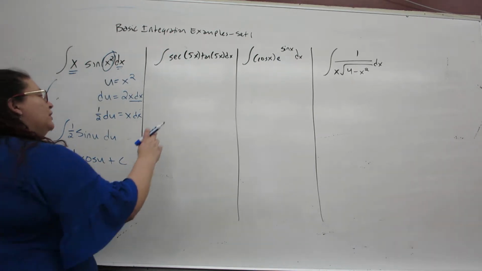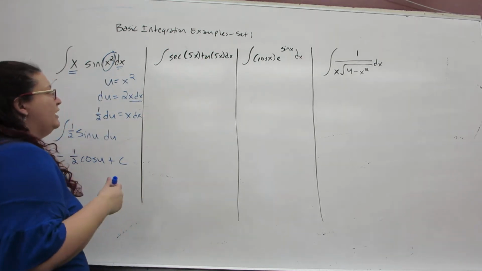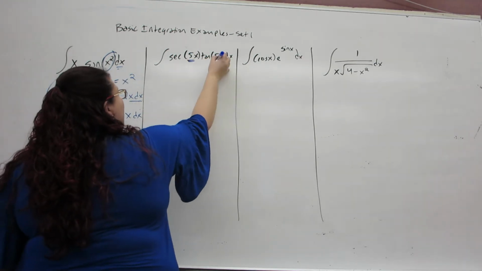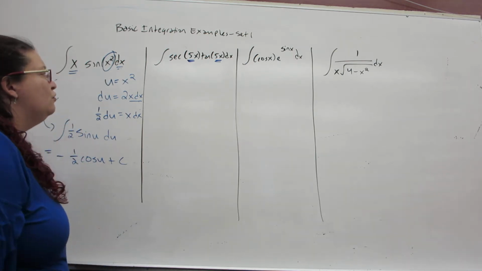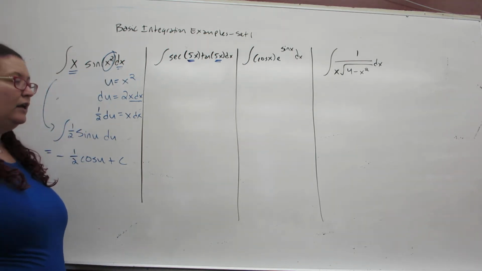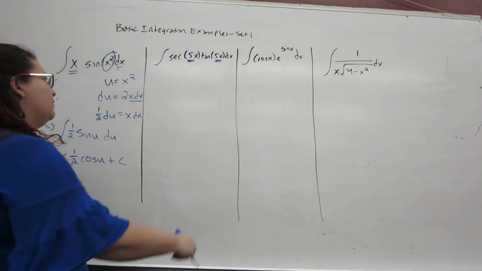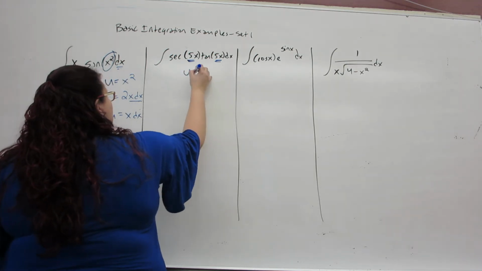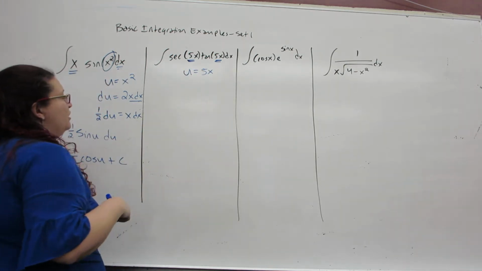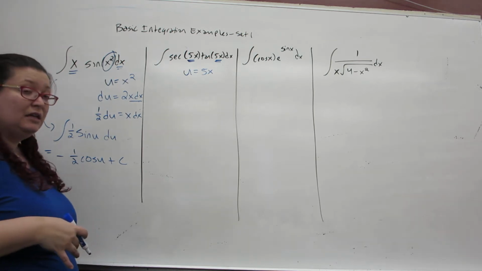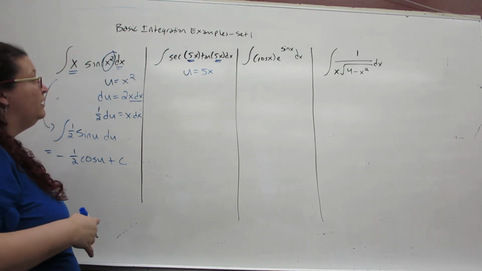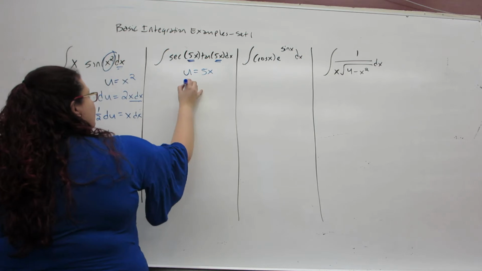For our second one, we look at it, we see a secant times a tangent where they have the same argument for both of them. So this looks an awful lot like a straight up trig function, except for the fact that this is not x. So I'm going to do a little bit of a U substitution. You can actually skip this and you'll see later on how to put it in the end, but there's no harm in doing it.